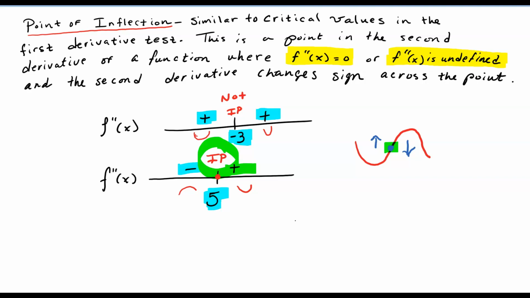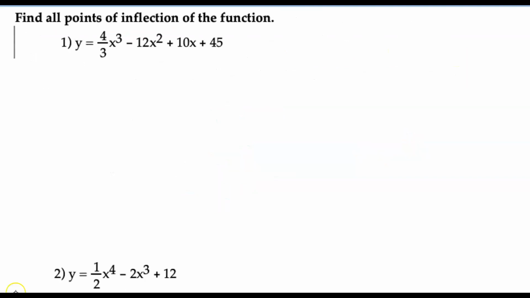But let's go ahead and take a look at a couple of examples. Okay, here is the first example. We're given y. I'm going to call it f of x just for the fun of it. So let's say this is f of x, and I want to find the first derivative, f prime of x. There's my prime. And what do I get? 3 times 4 over 3, that's 4x to the second power, minus 2 times 12, 24x, plus 10.